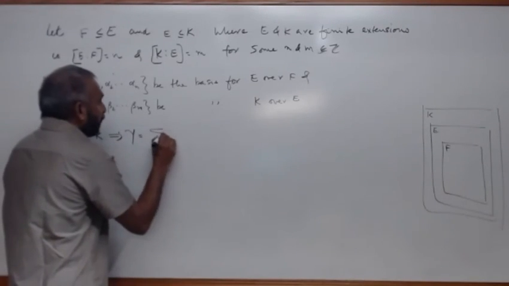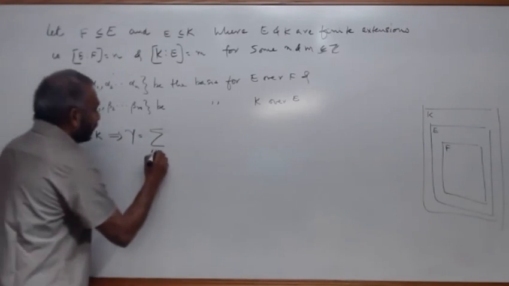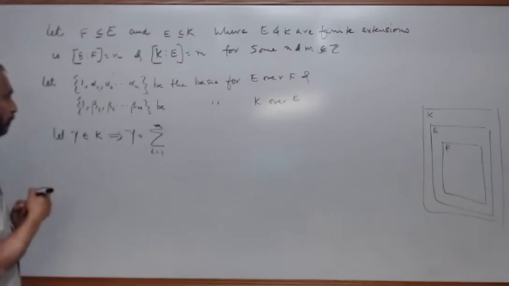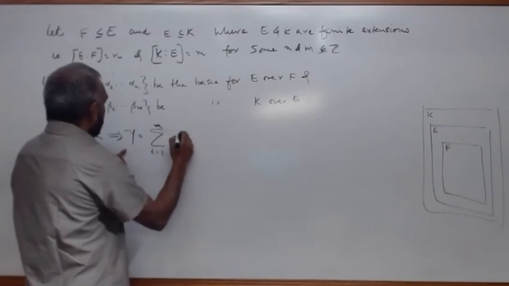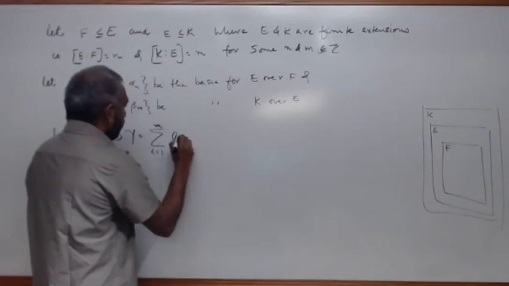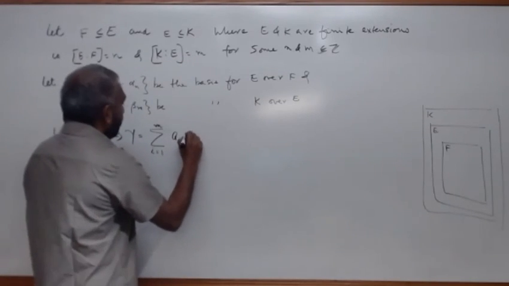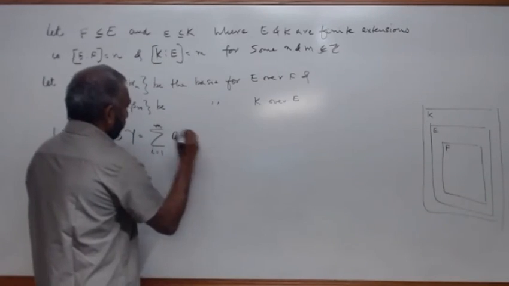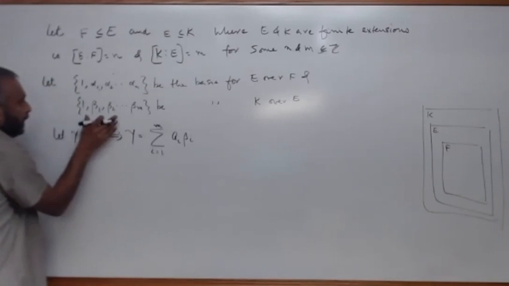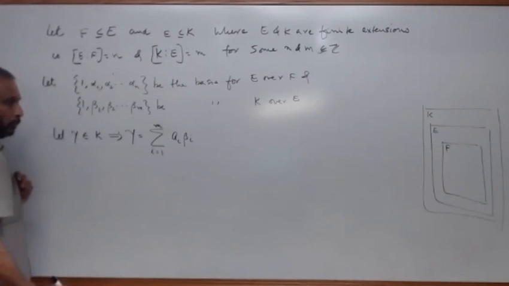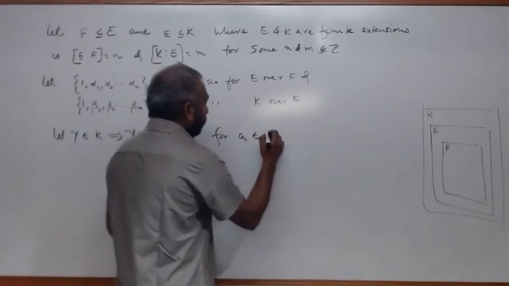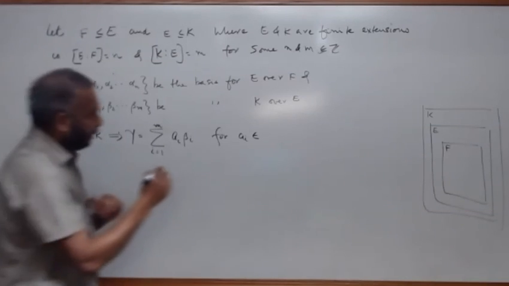So gamma is equal to the sum for i equal to 1 to m of a_i beta_i, for a_i in E. Any element of K can be expressed as a linear combination of this.